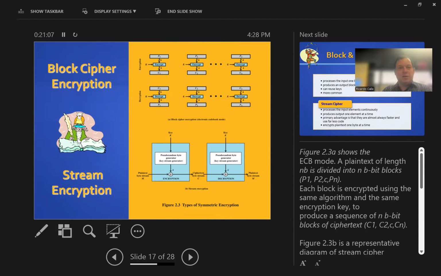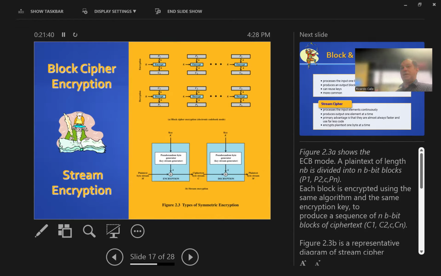So the plain byte goes into the stream, and the pseudo-random generator produces the key byte. Those get XORed, and that gets sent out into the internet. On the other end, using the same key, the pseudo-random generator generates the key byte, it receives the cipher byte, and XORs those two to produce the plain byte.